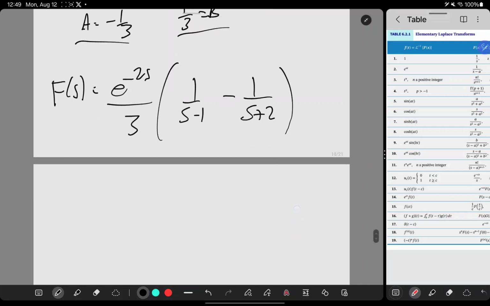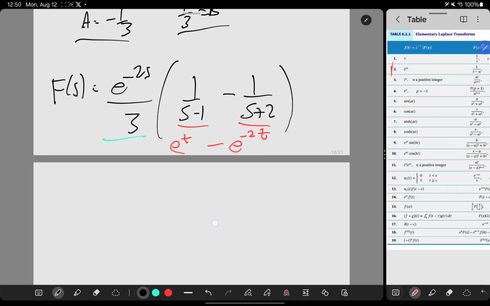For this one and this one, we're going to look at them separately. So this we know, we're going to look at this one up here. s minus a is t, so e to the t. And this one over here would be negative 2t.